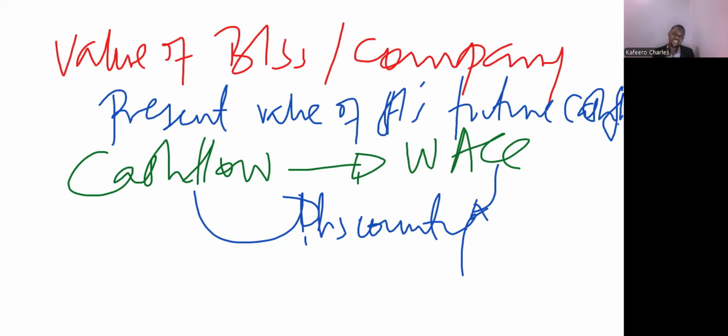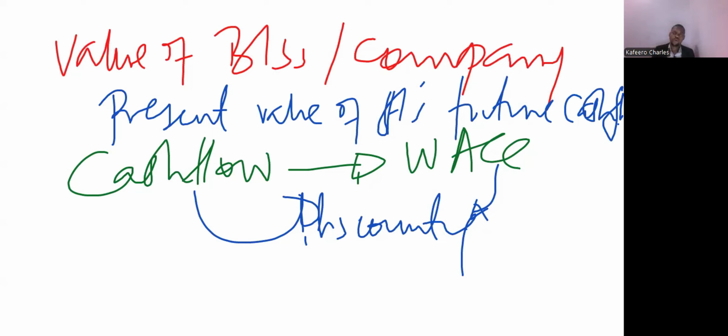Now, how are we going to do it basically? Since we are going to be using our WACC to discount the cash flows that we expect to receive from the investment that we are making, because when you are making an investment, you expect to be getting some money back. Maybe this year you may get 10 million. If you construct a residential building and rent it out to tenants, you expect to be getting cash flows. That money is what we call the cash flow.